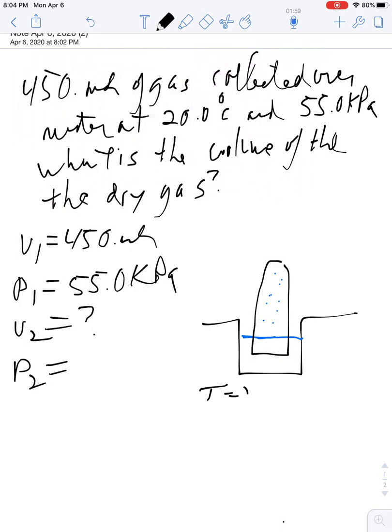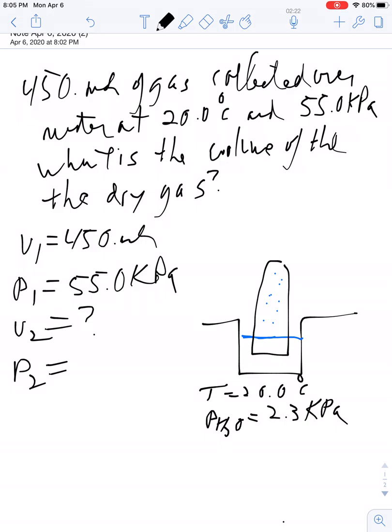So the temperature is 20 degrees Celsius. So I have to go to page 360 in the book, or Appendix O, and look up the vapor pressure at 20 degrees Celsius. Well, the vapor pressure of water at 20 degrees Celsius is 2.3 kPa.